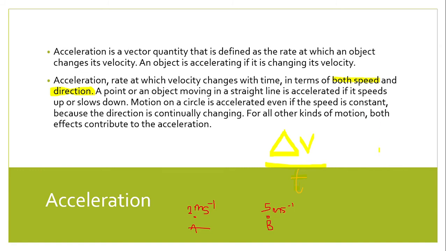So in the case when an object is, let's take an example, and let's just draw it over here. This is a circle and this is an object and it is going around this circle, this path that I've made.